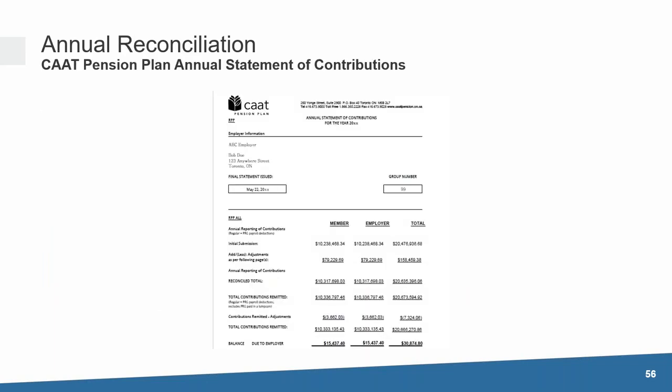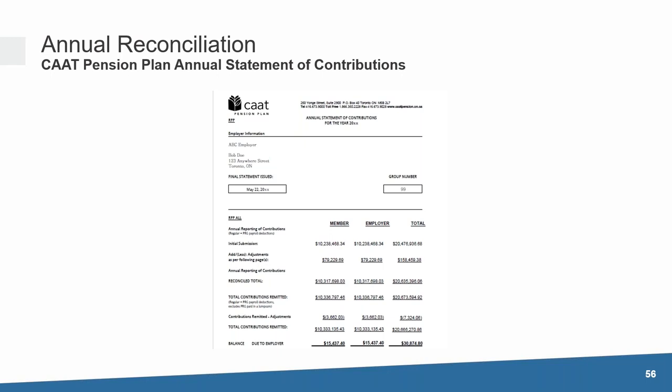Here is an example of the CAT Pension Plan annual statement of contributions. The CAT RCA annual statement of contributions, for the most part, looks very similar. This report has not changed from last year. The annual statement of contribution pulls all the information together into one place. The first line shows the subtotal of the regular and pregnancy parental payroll deduction contributions from the original master employer DCT file submission.